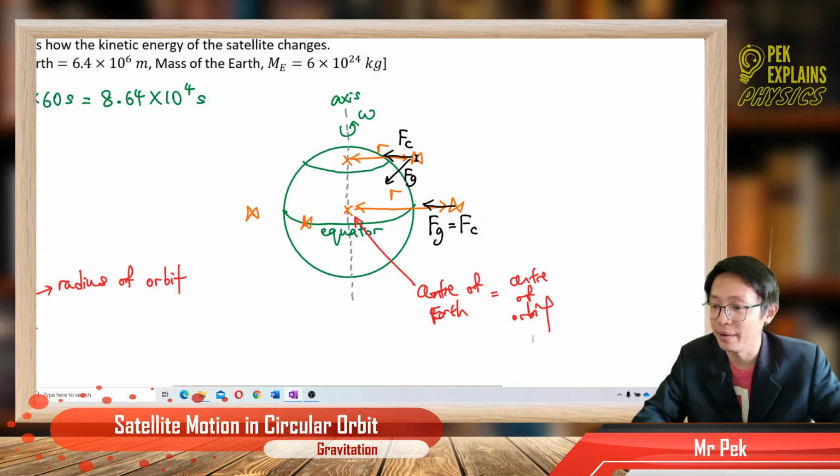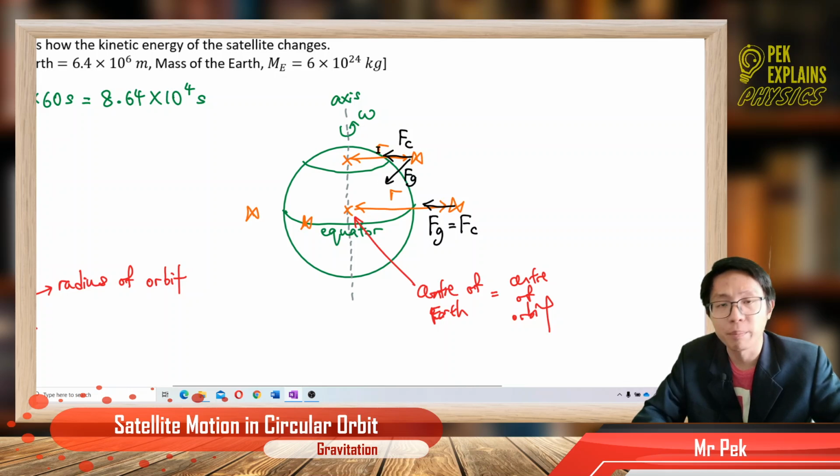Okay? But if the satellite is in the northern hemisphere, the orbit is over here at the top. So this becomes the center of orbit, and the center of Earth is off center. They do not share the same center, you see? So the gravitational force is towards the center of Earth, but the centripetal force is towards the center of the orbit.